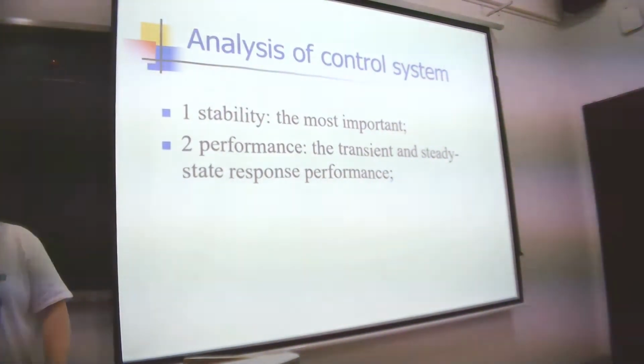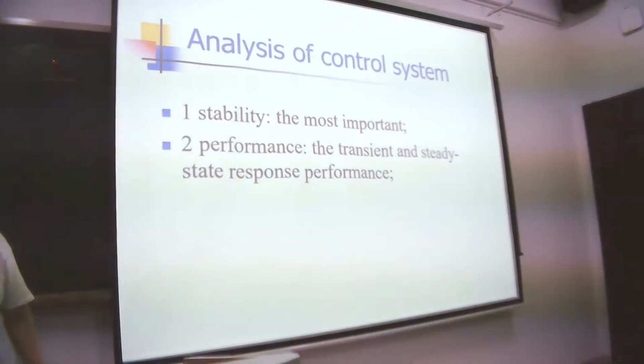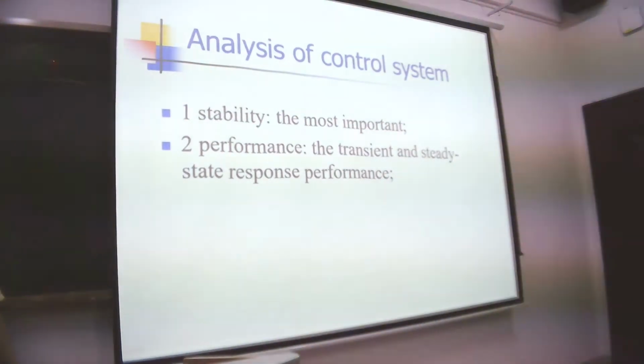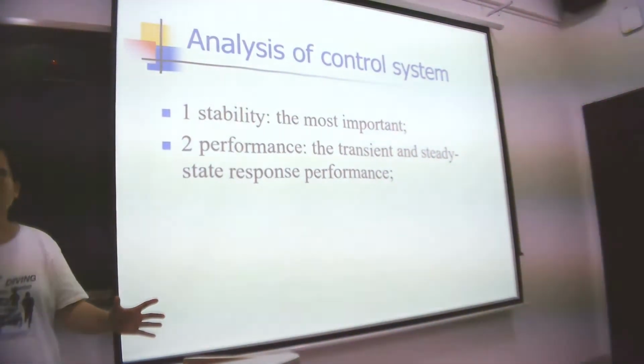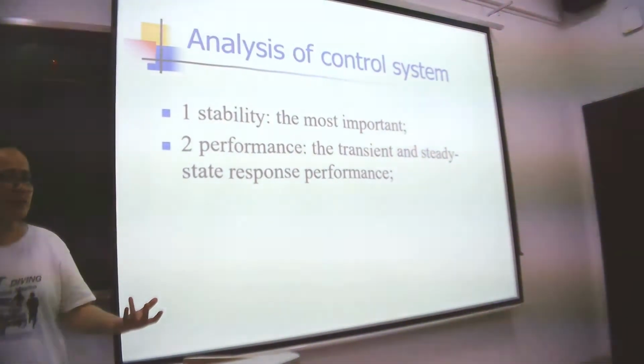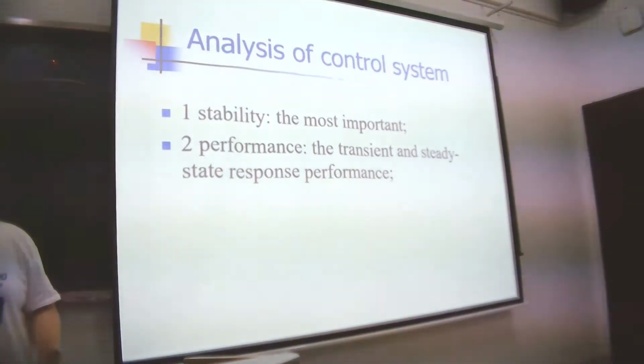The next is the analysis of the system. In the analysis of the control system, stability is the most important thing. Because if the system is not stable, it cannot work. It will blow up, and it is of no use to us.